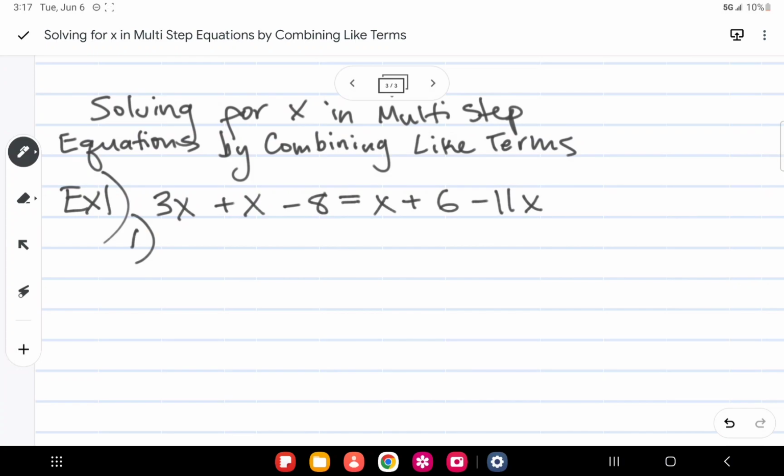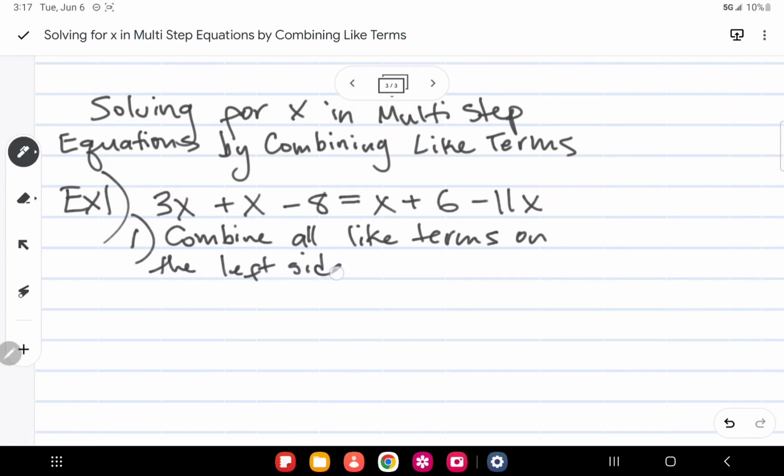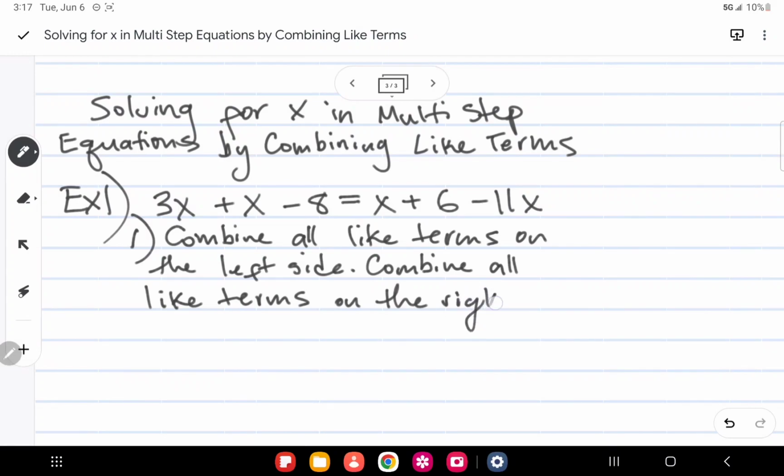The first step is combine all like terms on the left side, followed by combine all like terms on the right side.